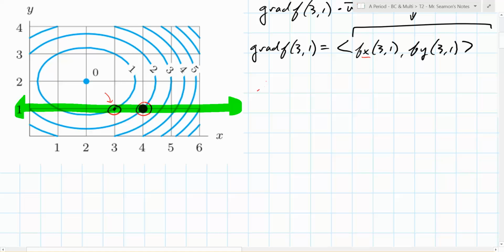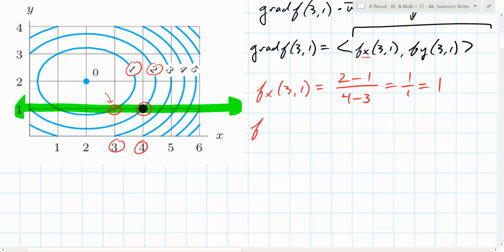In the book, they do fx(3, 1) equals 2 minus 1 over 4 minus 3, so they end up with 1 over 1, which is 1. And then when the book does fy, they're not consistent. I would think if you start at the point and go forward on this one, they would do the same on the other one.